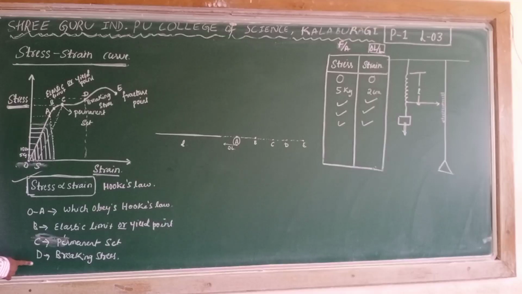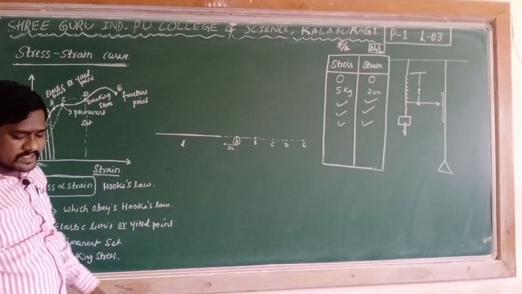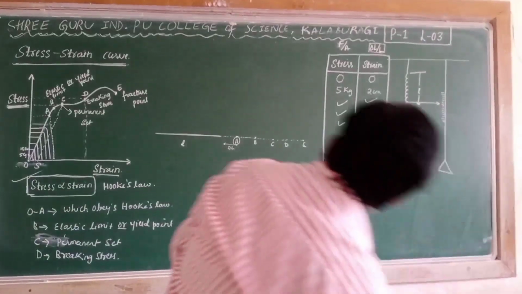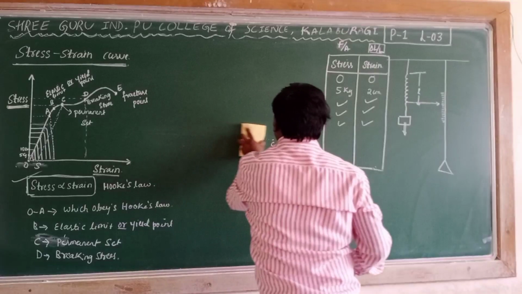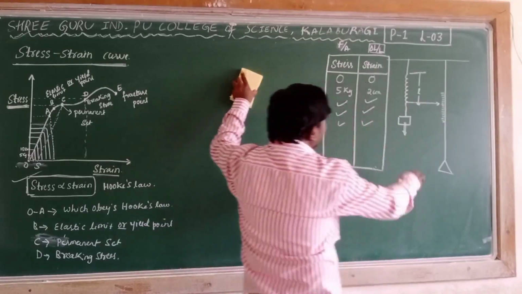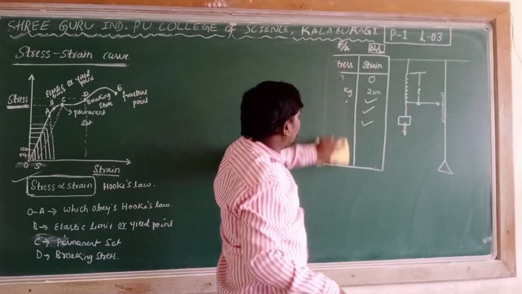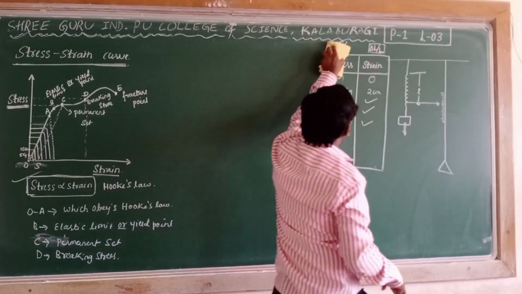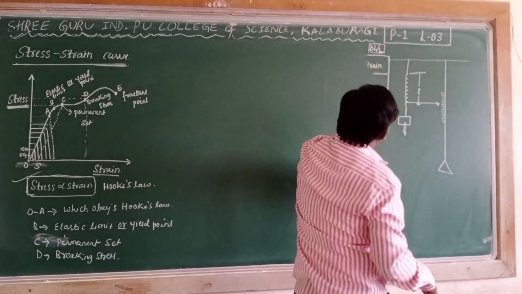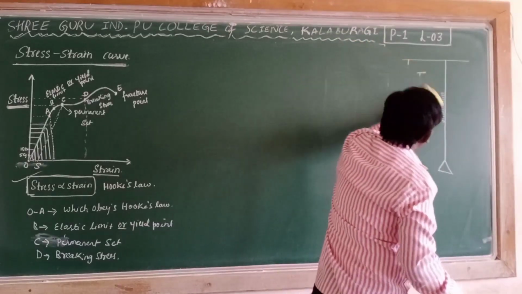What is breaking stress? The maximum stress we apply on a material which causes the breaking of that material. This is the graphical explanation of the stress strain curve, and we can do this in the laboratory also. You have this experiment in the first year, and we are going to do it in the lab.